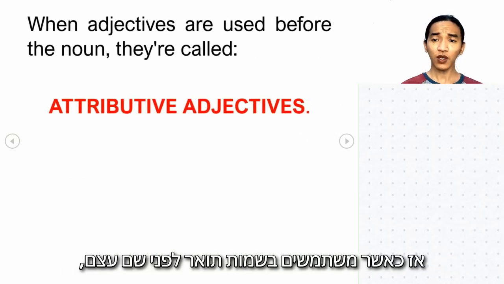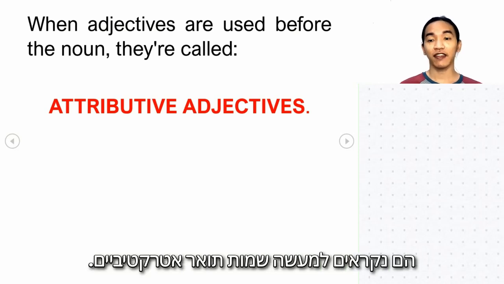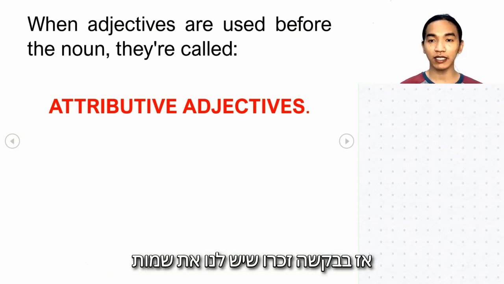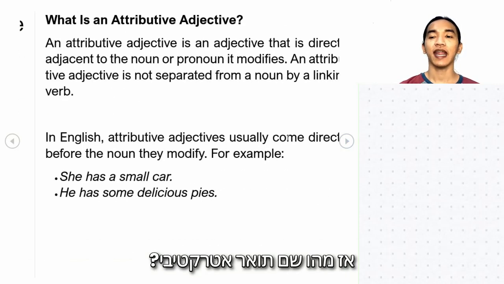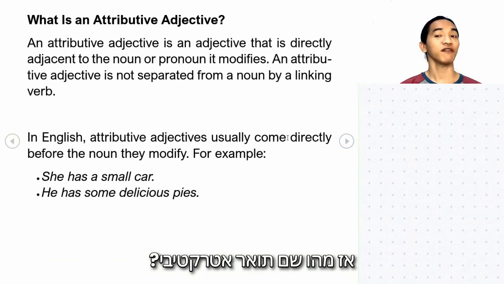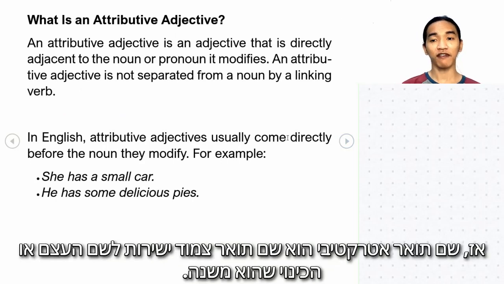So, when adjectives are used before the noun, they are called attributive adjectives. Please remember that. We have your attributive adjectives, which are your adjectives directly before your nouns. Now, what is an attributive adjective? An attributive adjective is an adjective that is directly adjacent to the noun or pronoun it modifies.